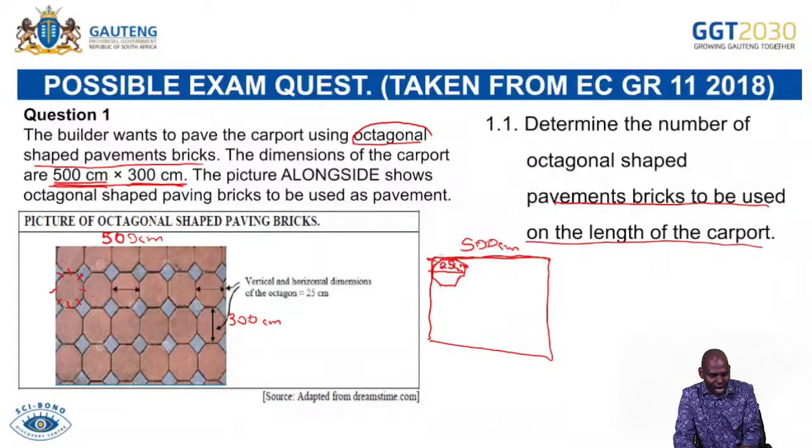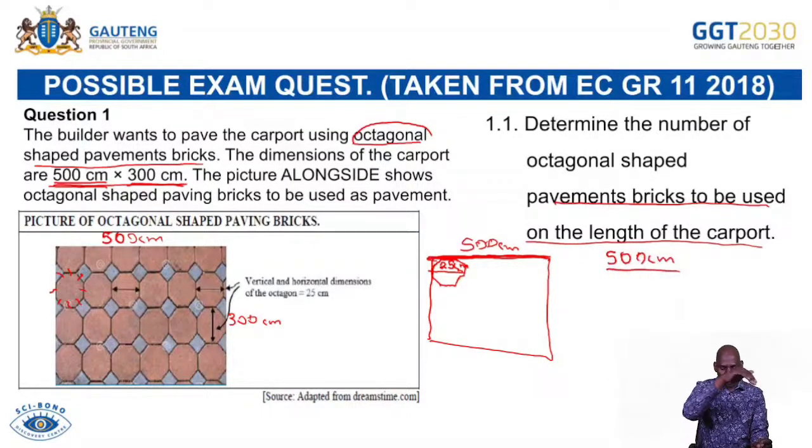Now I want to check how many 25 centimeters will fit along the length. They say determine the number of octagonal shaped pavement bricks, so the number will be 500 centimeters, because it must be along the length, divided by 25 centimeters.